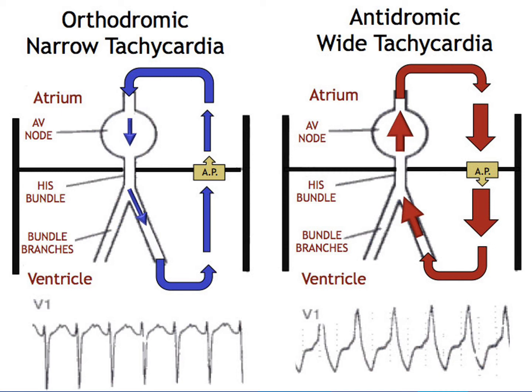And it can come in two varieties. The essential point about WPW is that a rapid atrial rhythm, such as atrial fibrillation, can be conducted either through the normal pathway, in which it will lead to a rapid narrow complex, but it can also be conducted through the accessory pathway, leading to a wide complex supraventricular tachycardia.